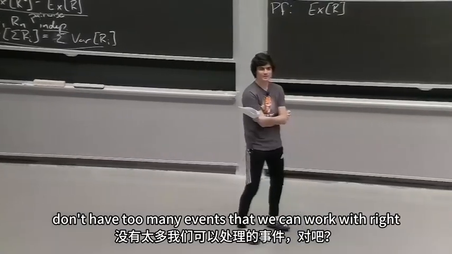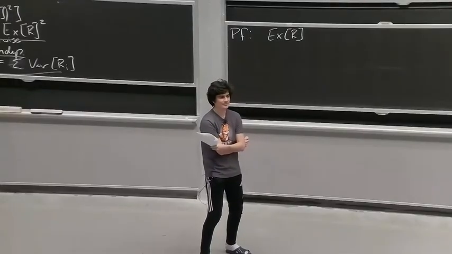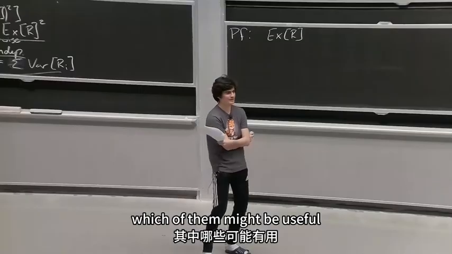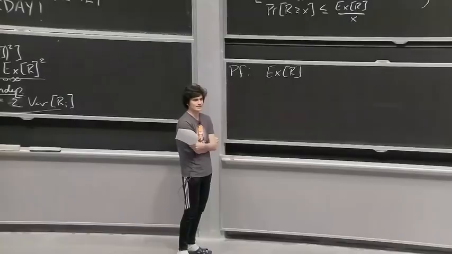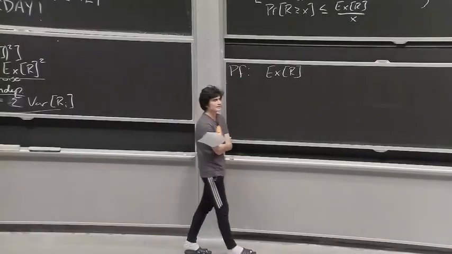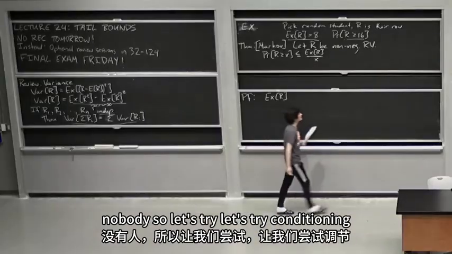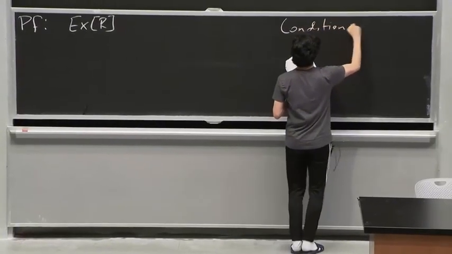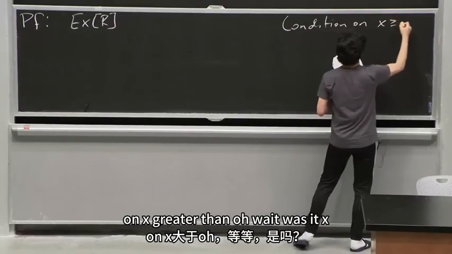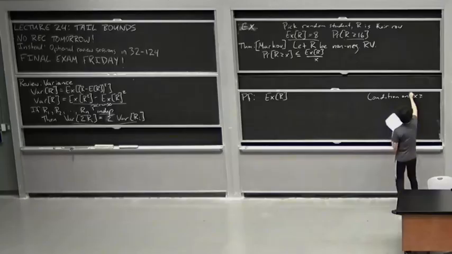We don't have too many events that we can work with, right? Which of them might be useful? Nobody? So let's try conditioning on R greater than or equal to x.